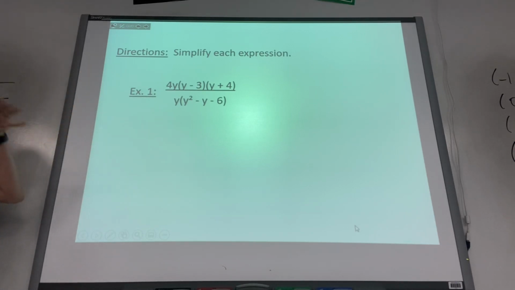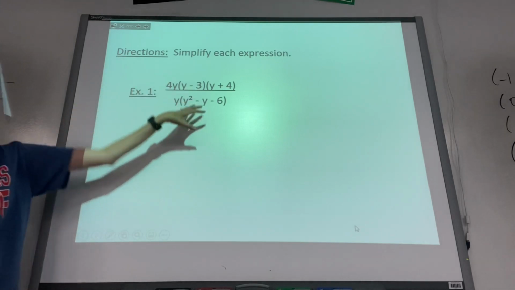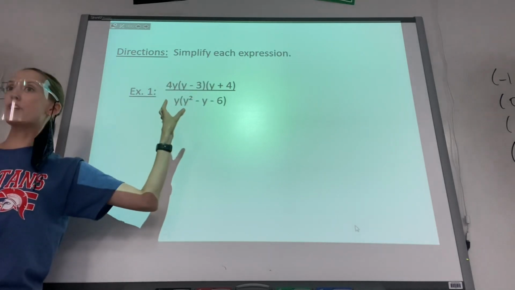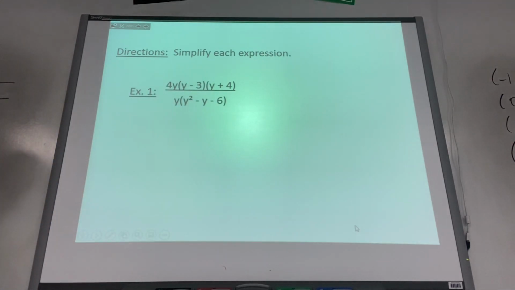Now, this is more just a simplifying type of problem. We're going to build up to the problems that ask us to multiply or divide. This is basically just one rational expression that we have to simplify.